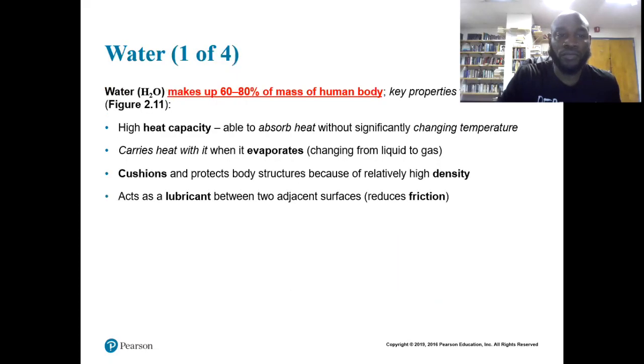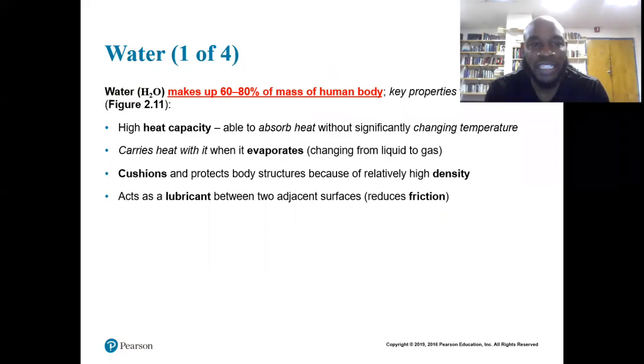Simple as that. So water makes up 60 to 80% of the human body. Very important to know that. You see, I have it highlighted in red. Water has so many different functions in the body. High heat capacity.